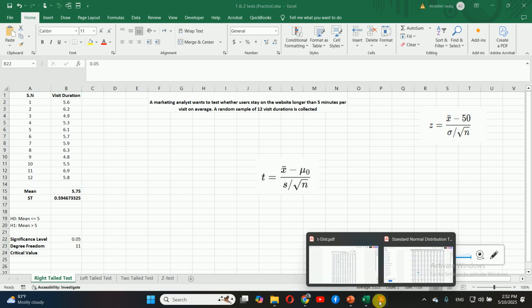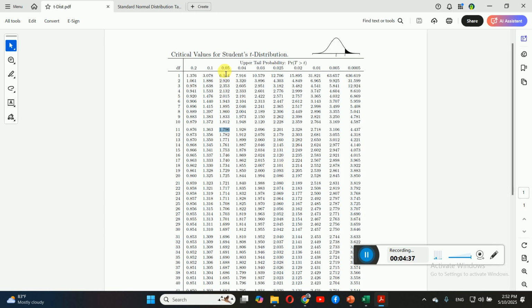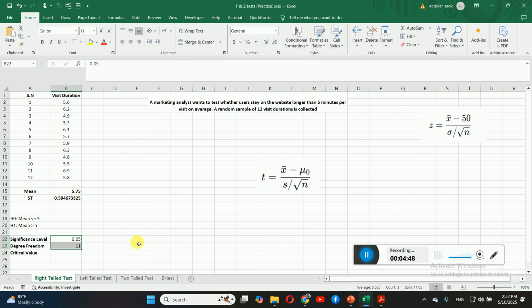In the table of the T statistic, this column is the degree of freedom, and this is the alpha. The intersection value is 1.796.